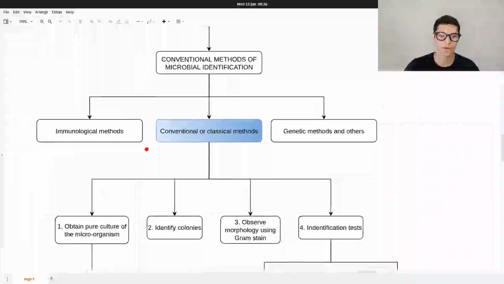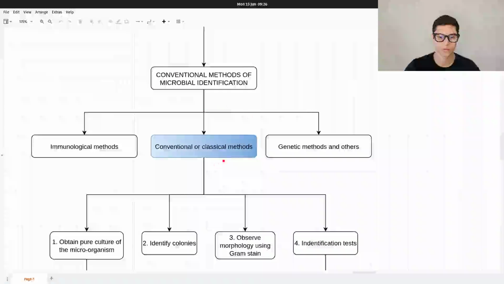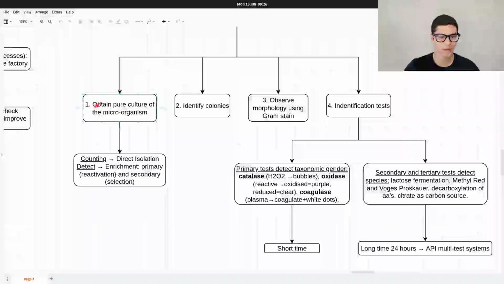Then we have the conventional methods of microbial identification. We have a bunch of methods, but we're going to view the conventional or classical ones. First, we need to obtain the pure culture of the microorganism. Here we have to differentiate whether we want to count or to detect the microorganism. If we want to count, we can do a direct isolation.